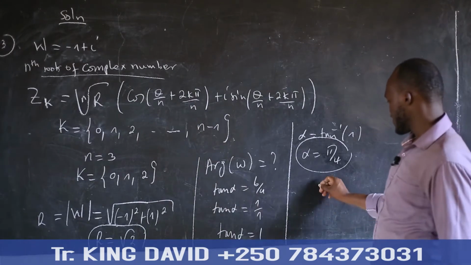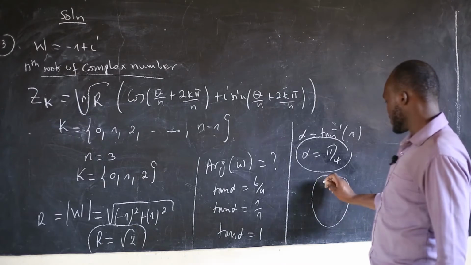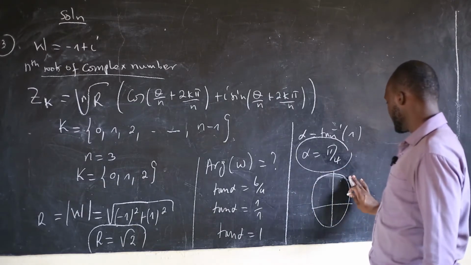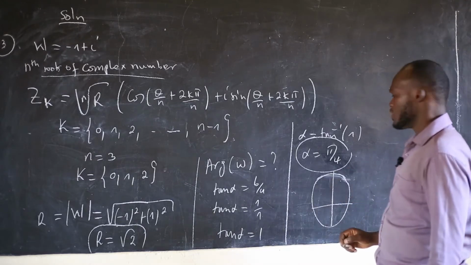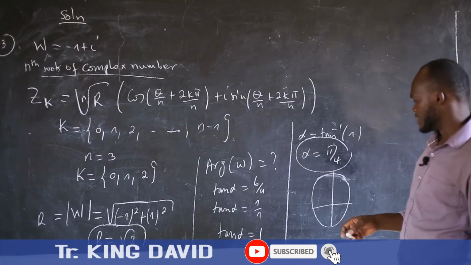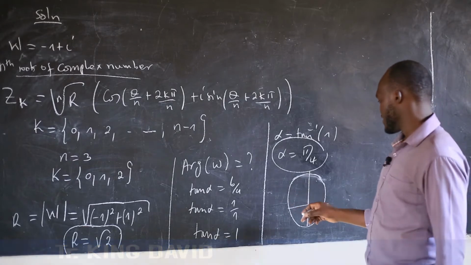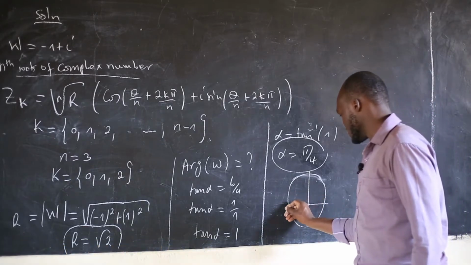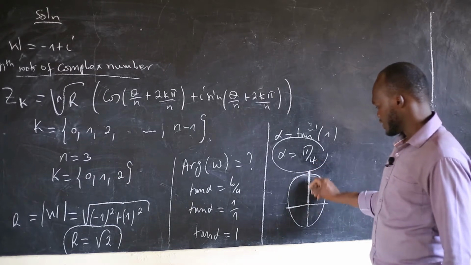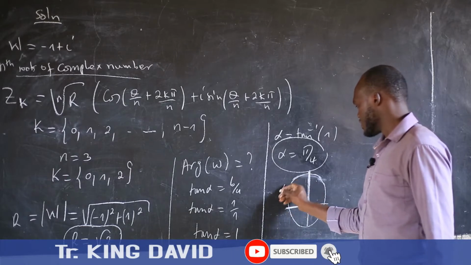When you use the trigonometric circle, we're going to see the quadrant where w is located. Our a is negative on the x-axis, but our y is positive. You see, it is here in the second quadrant.